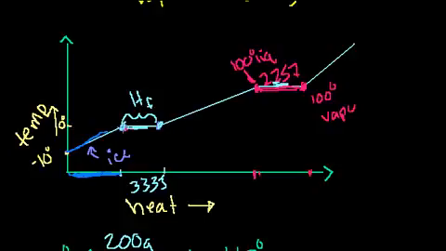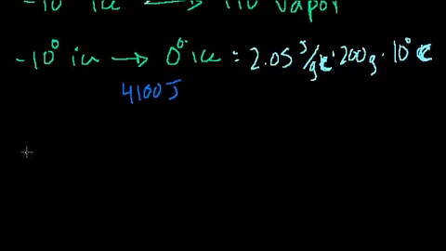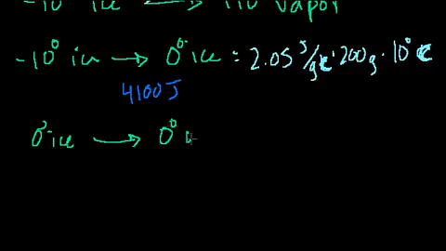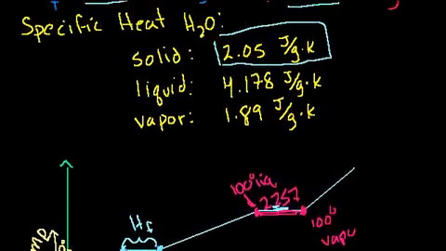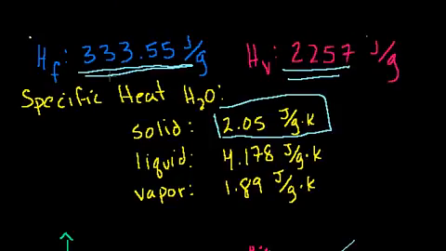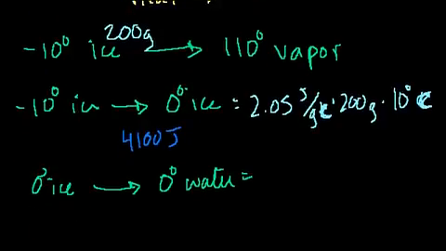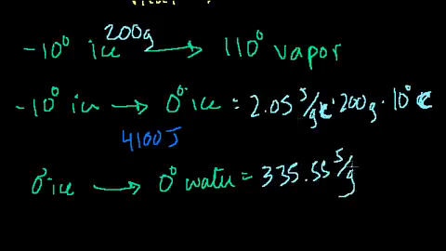Now we have to turn that 0 degree ice into 0 degree water. For that, we use the heat of fusion. We're adding that amount of heat. So it's 333.55 joules per gram times, we have 200 grams of ice that we're trying to melt.